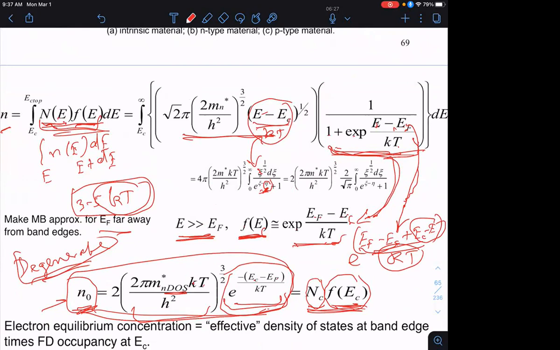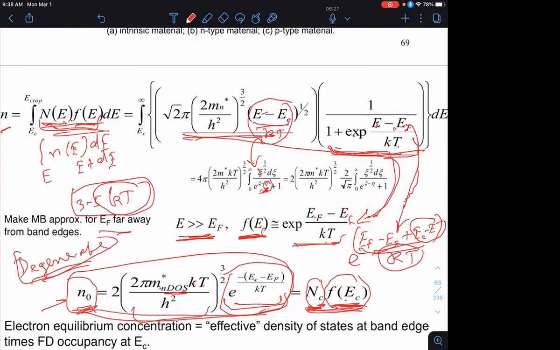What do I mean by an effective density of states? The effective density of states is taking this density of states N of E and mapping that to the conduction band edge, such that this highly complicated integral can be written as a constant, which is this effective density of states, which will depend on the type of semiconductor I'm dealing with, times the occupancy at the conduction band edge.